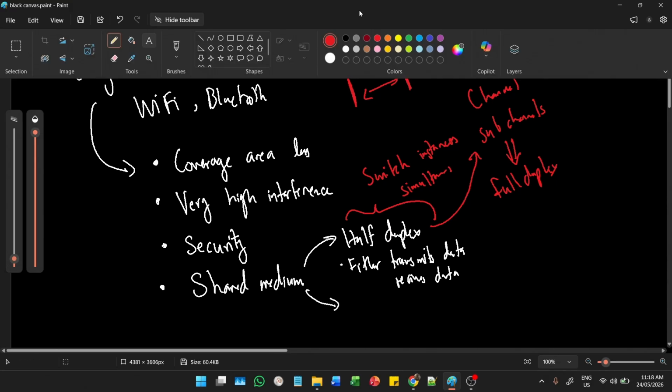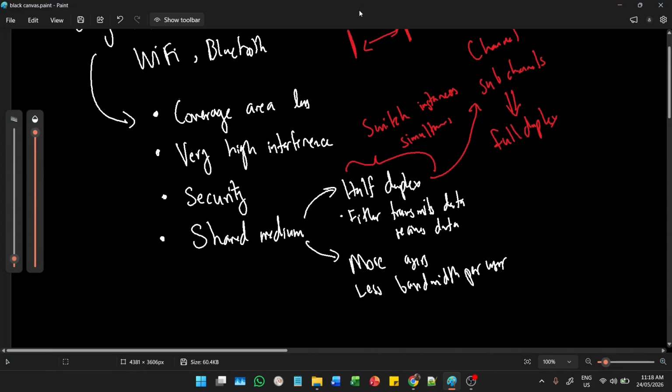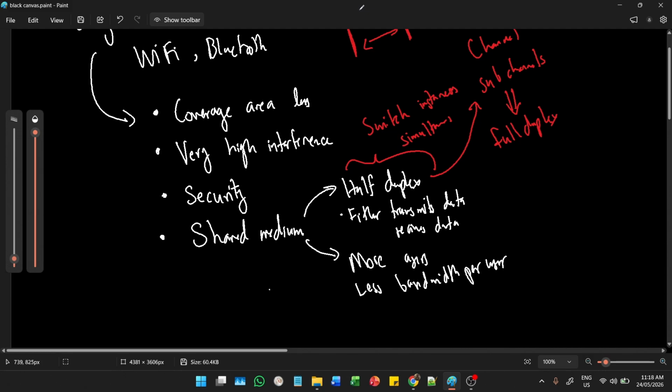The second issue when it comes to shared medium is the more users there are, the less bandwidth per user. And as I said before, we cannot predict how many users are going to be on a specific Wi-Fi.